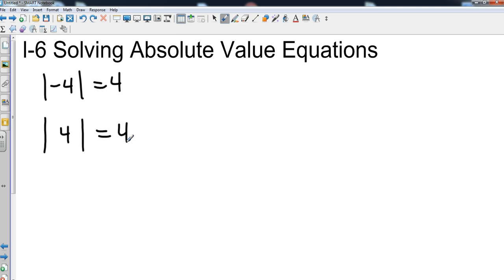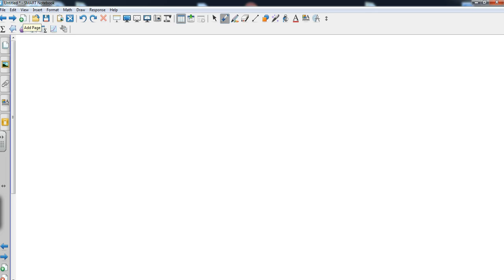So we need to test both of them sometimes. So let's start off with some basic absolute value equations, something to the effect of the absolute value of x minus 4 equals 6. So we're going to set up two different situations.